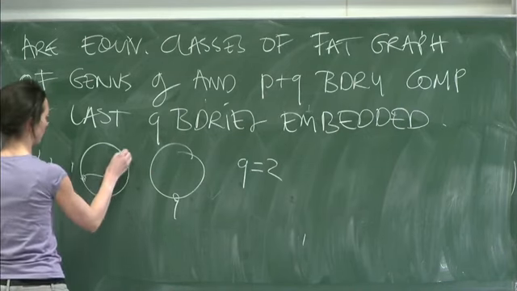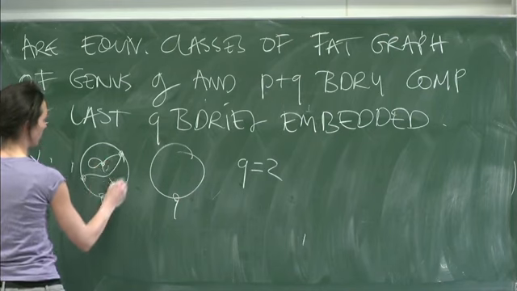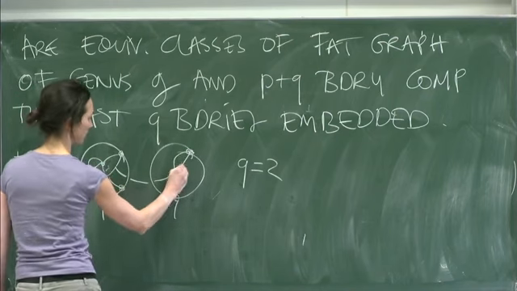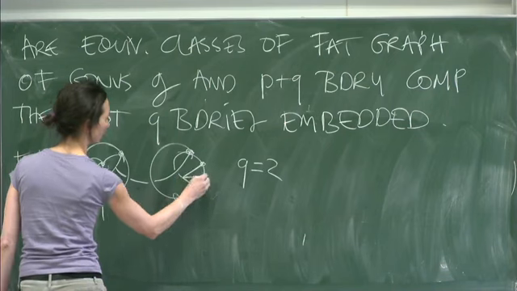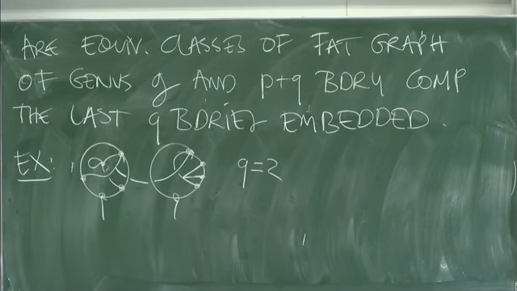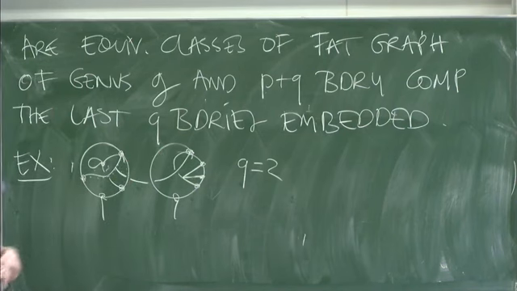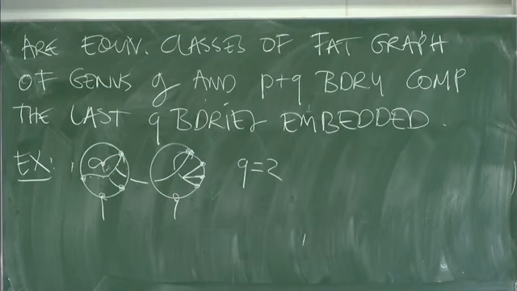Then I have a graph with cyclic orderings at the vertices, and it could be all sorts of complicated stuff, whatever you like. If you fatten this, you can count how many boundary components it has. It's a computation, and then you can do an Euler characteristic calculation, and you know what the genus is.